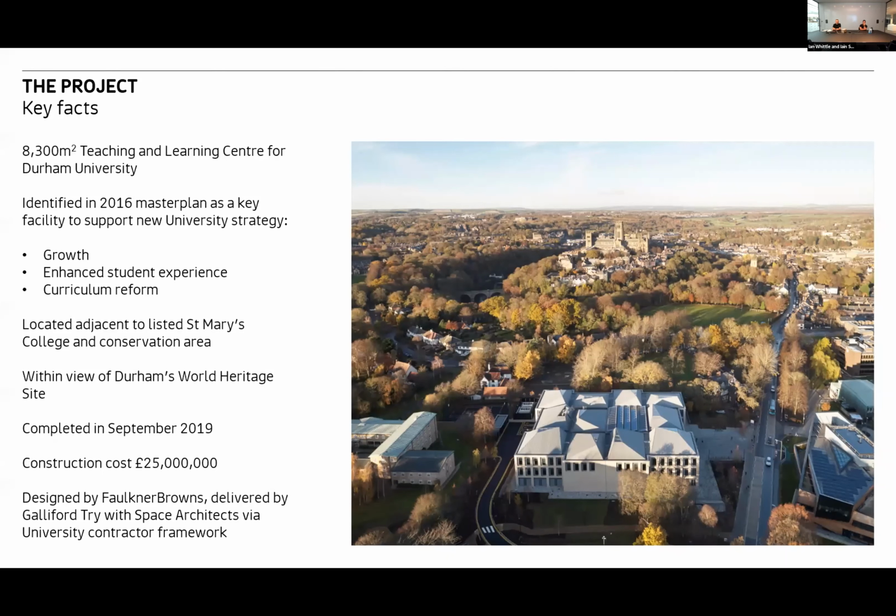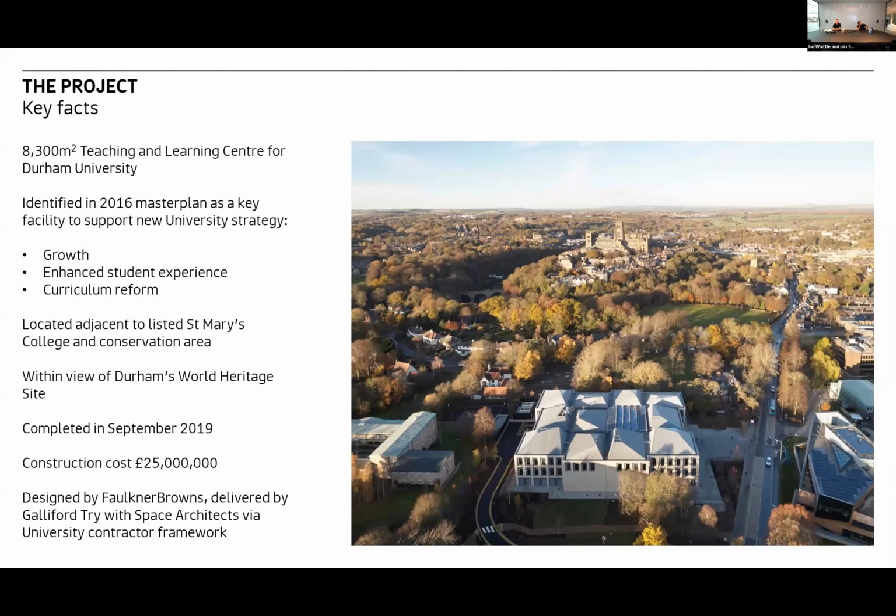So there were a number of projects that were critical to support those objectives, and a new teaching and learning centre at the Mountjoy part of the estate was the first of those projects to come forward.